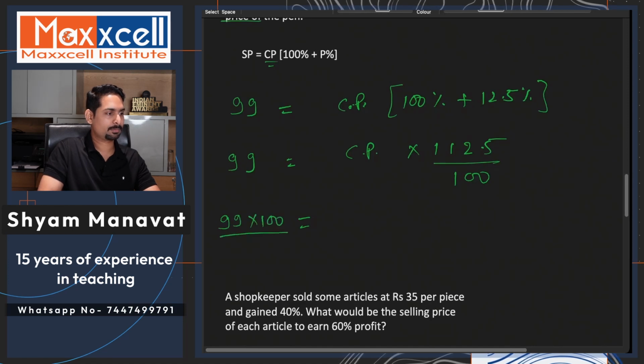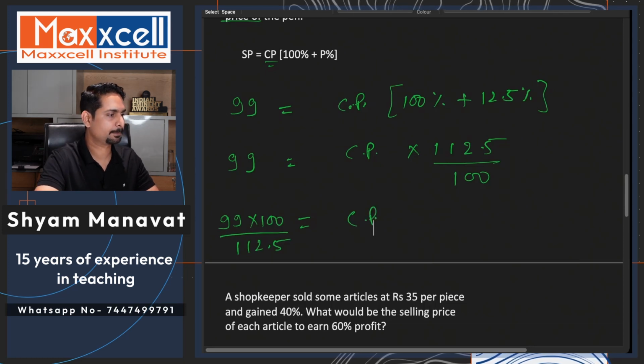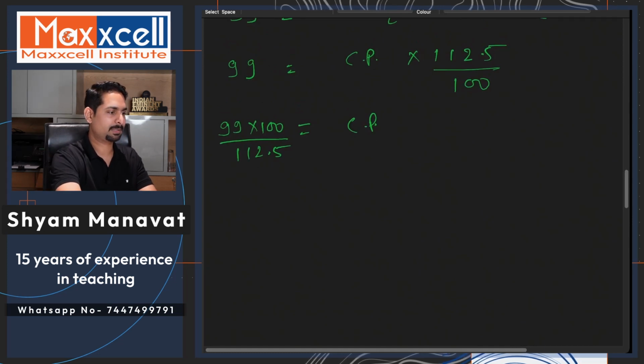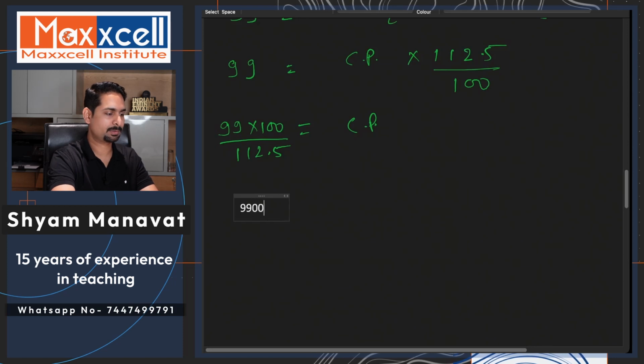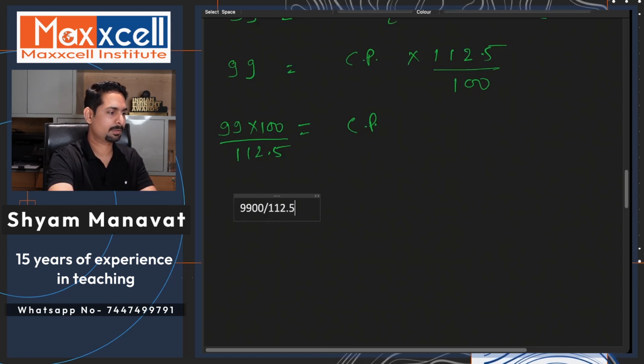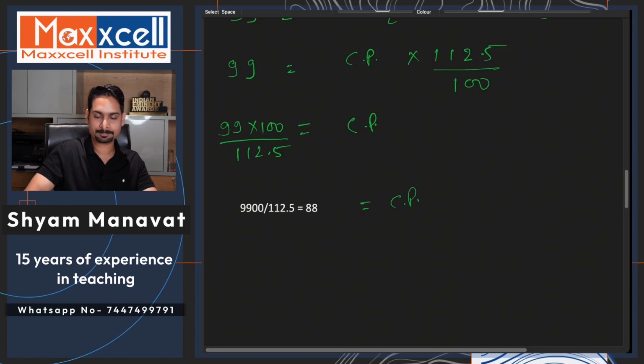You got this to be cost price, right? Okay, let's calculate this. So what you have 99 with 2 zeros divided by 112.5. That's going to get you rupees 88. That is the cost price. Okay.